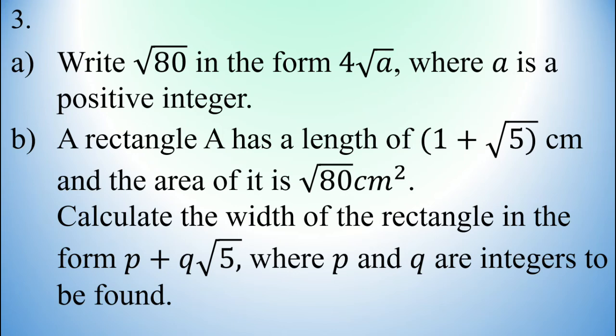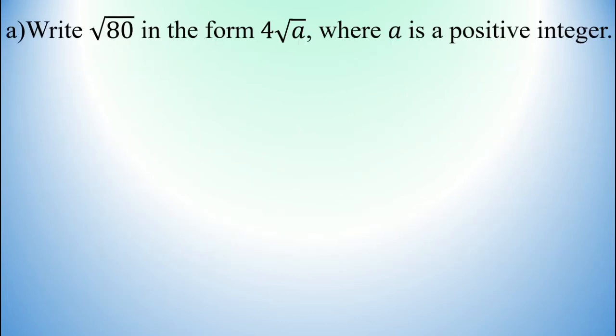Part B: a rectangle A has a length of 1 plus root 5 centimeters and the area of it is root 18 square centimeters. Calculate the width of the rectangle in the form p plus q root 5, where p and q are integers to be found.